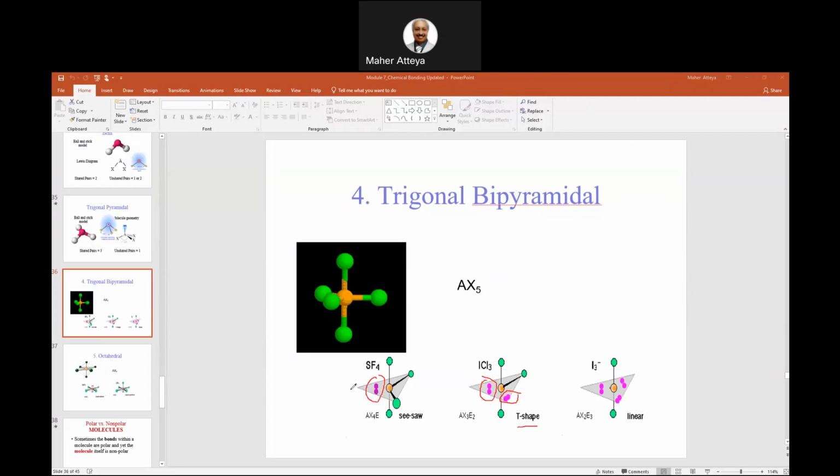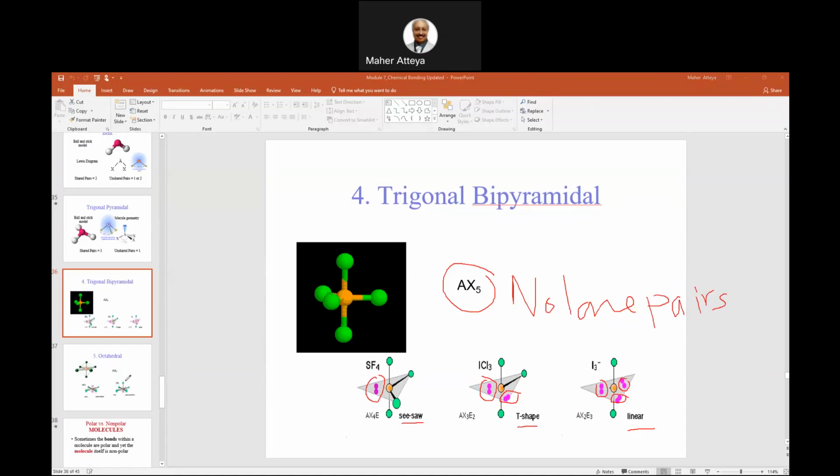One chlorine out, seesaw, correct? And here 3 of them, I replaced all the chlorine from the plane. That will be linear. So you first started with trigonal bipyramid, no lone pair. And then you introduce those lone pairs one at a time, and you can see the difference here. So you can see the name of the shape will be different.